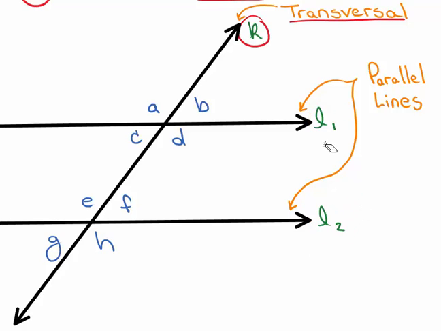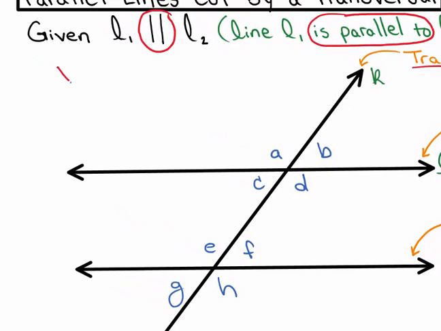Okay, so now that we've established all that, let's start off by talking about vertical angles. Vertical angles are angles that are opposite each other, and they are also angles that are equal to each other in measurement. So I'm going to go ahead and write that out.